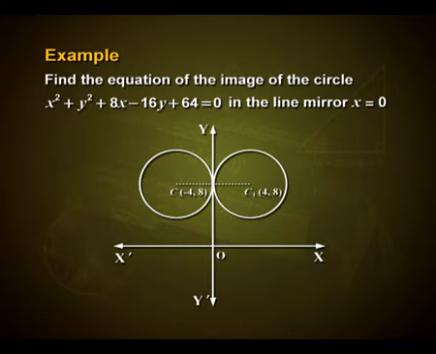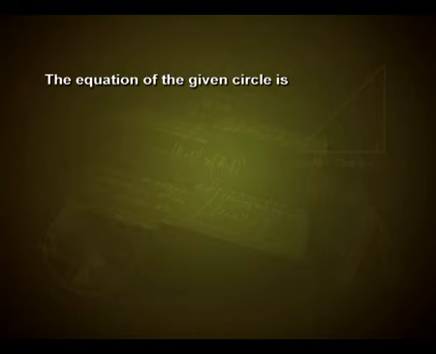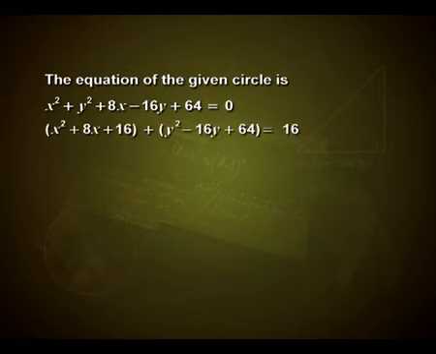We can see in the figure here, we have 2 circles which are touching the y axis, and in the solution we can see the equation of the given circle is x square plus y square plus 8x minus 16y plus 64 is equal to 0, which can be expressed as x square plus 8x plus 16 plus y square minus 16y plus 64 is equal to 16.